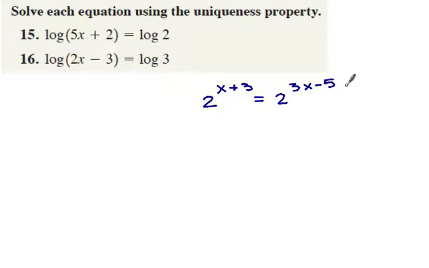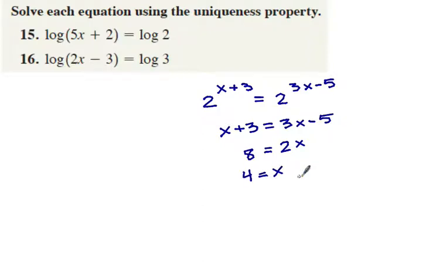Okay, we were able to say they have the same base, so if they're equal to each other, the exponents have to be equal to each other. So that uniqueness property told us we could say that x plus 3 equals 3x minus 5. And then from there we were able to simplify and get our stuff on the same side. So 2x would equal 8 here, and so x would equal 4. And so we're able to use that uniqueness property to help us solve for these variables in the exponents.